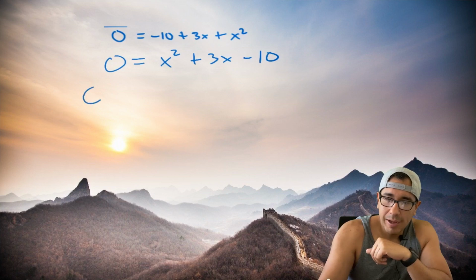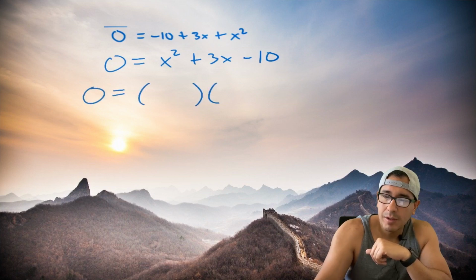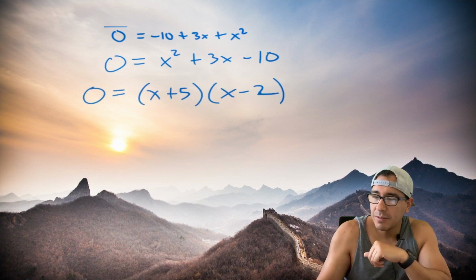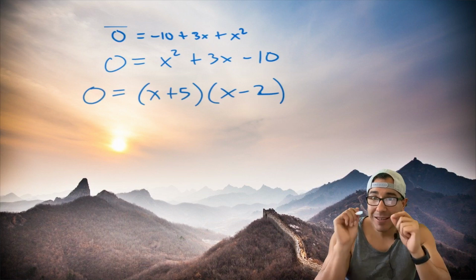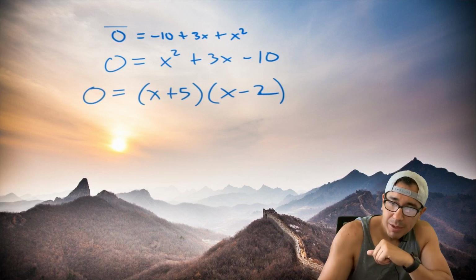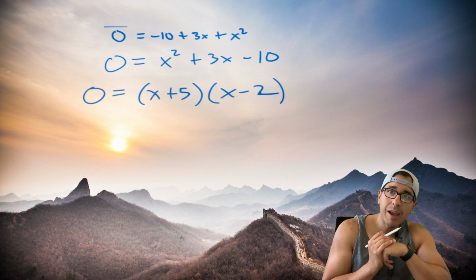All right, so we got 0 equals x plus 5 and x minus 2. The reason being, 5 times negative 2 multiplies to give me negative 10. But at the same time, 5 plus negative 2 equals 3, right?